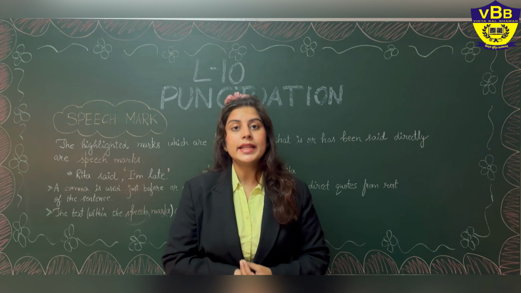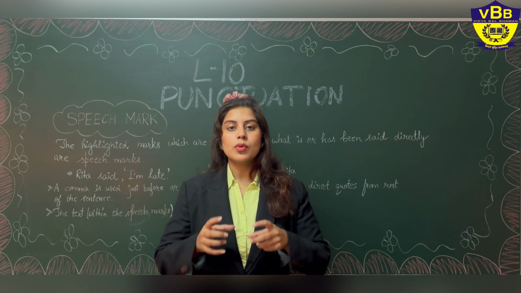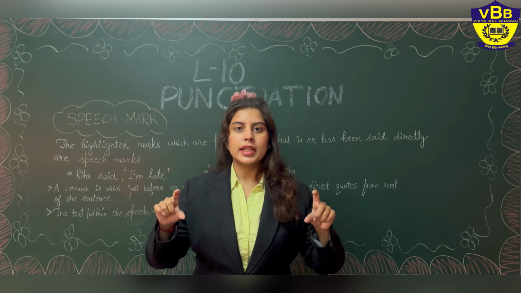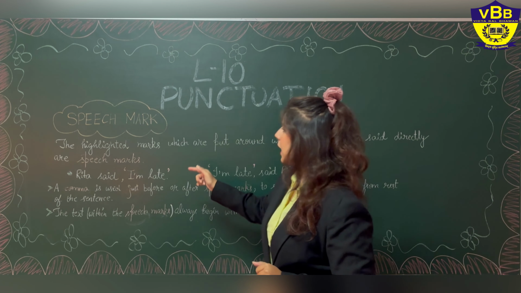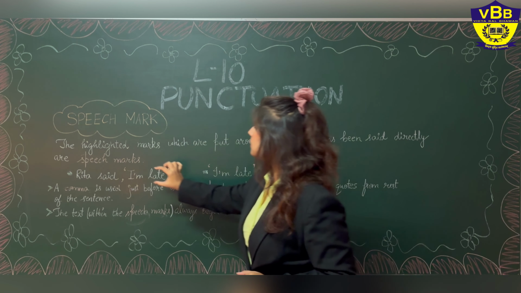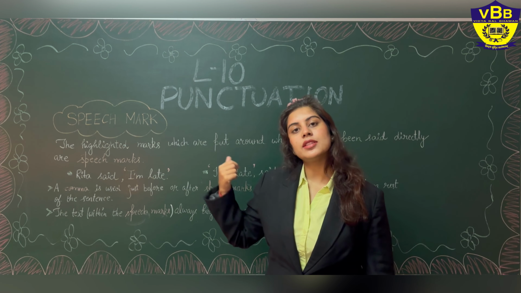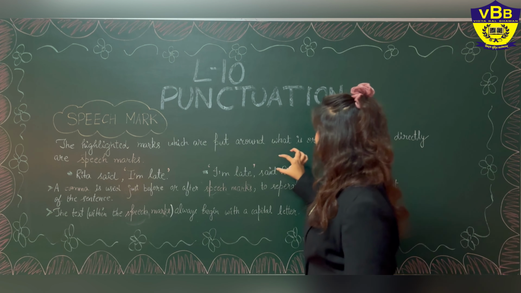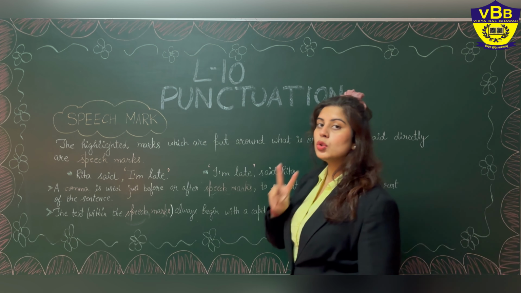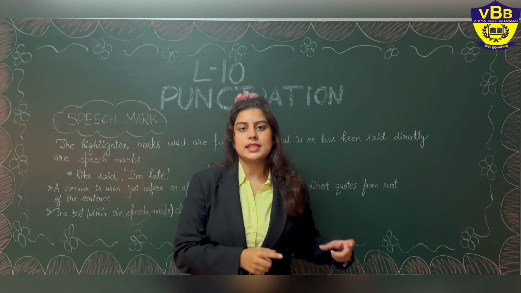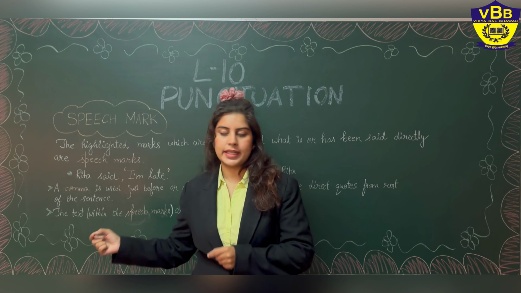But whenever you are writing, you are going to quote the sentences of someone else in the speech mark. For example, "I am late" is the sentence of Rita which she has told. "I am late," said Rita. So these are the two kinds of sentence types. These are sentences and someone has said them.